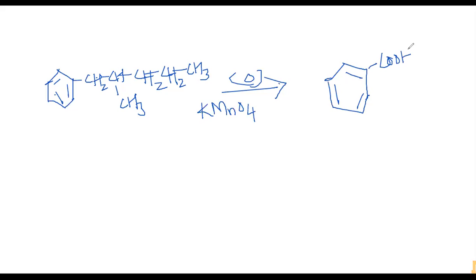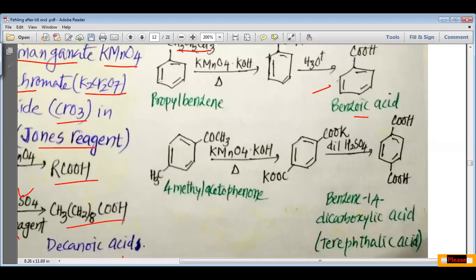So irrespective of the length of the alkyl group, whether the alkyl group has branches or anything, it will only give benzoic acid as a product. So my dear students, irrespective of the length of the alkyl chain, we will definitely get benzoic acid as the final product.